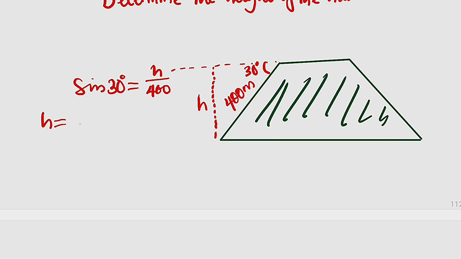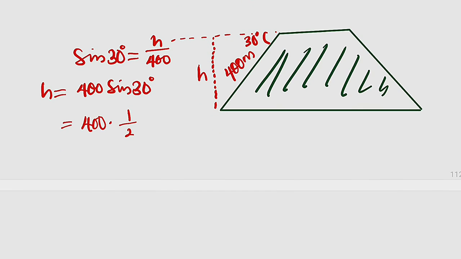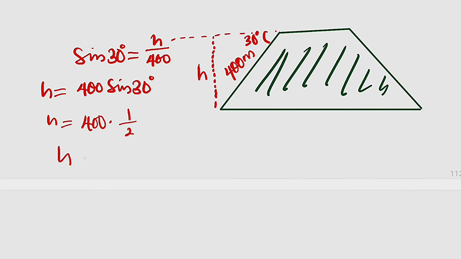Therefore, h will be 400 multiplied by sine of 30 degrees. Sine of 30 degrees is 1 divided by 2. So this is just 400 multiplied by 1 divided by 2, which is simply half of 400, right? And half of 400 is 200. Therefore, the height is equal to 200 meters.